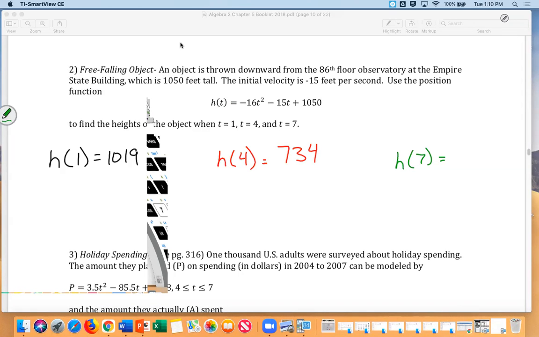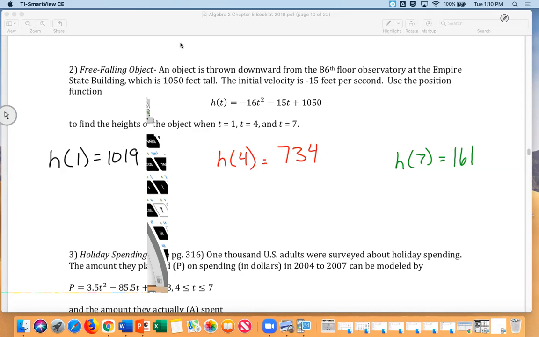Tough crowd. All right, Jagger, what did you got? 161. 161. Okay. And this is all in feet, so it's nice and easy.